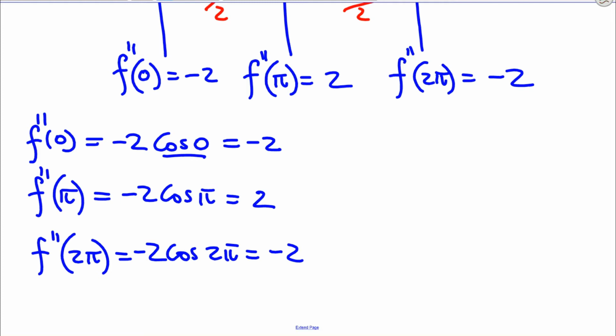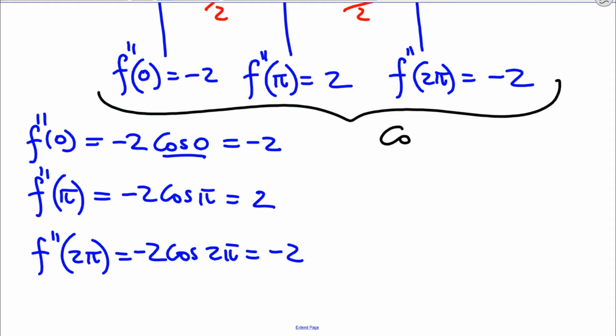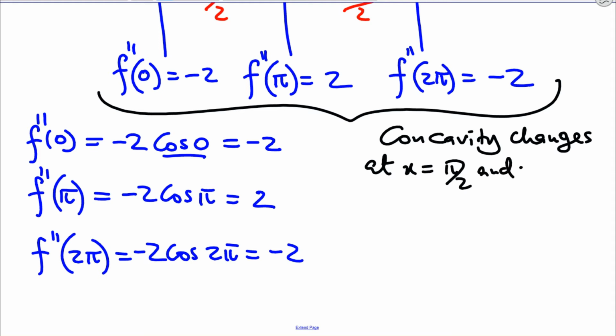So what we have here basically means that concavity changes at x equals pi over 2 and x equals 3 pi over 2.